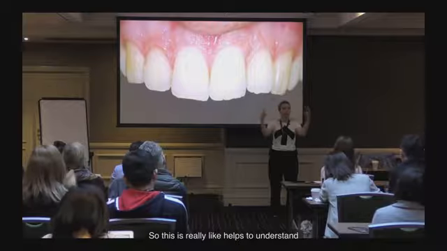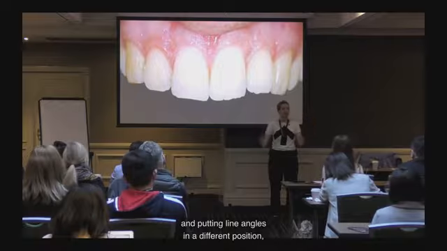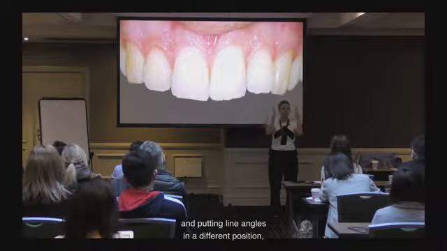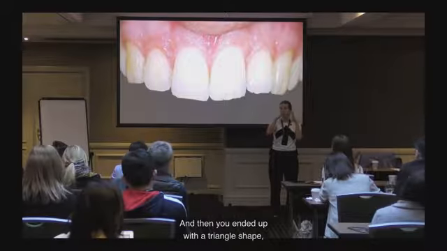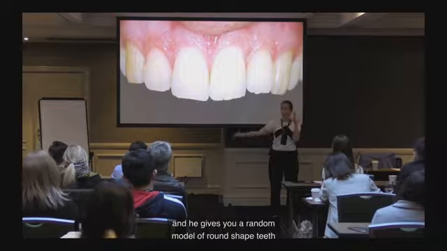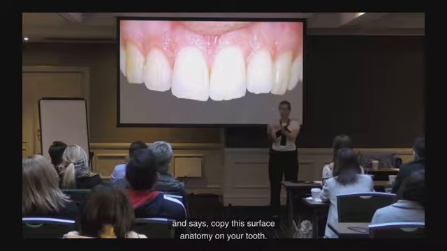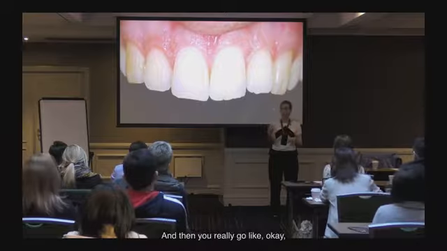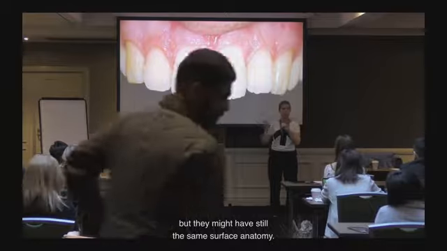So it really helps to understand how, having the same frame and putting line angles in different positions, different curves, you can really change the shape of the tooth. And then you ended up with a triangle shape, and he gives you a random model of round-shaped teeth and says, copy this surface anatomy on your tooth. And then you really go like, okay, teeth might look different, but they might still have the same surface anatomy.